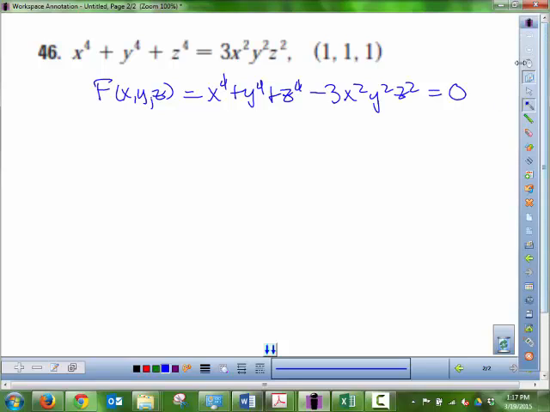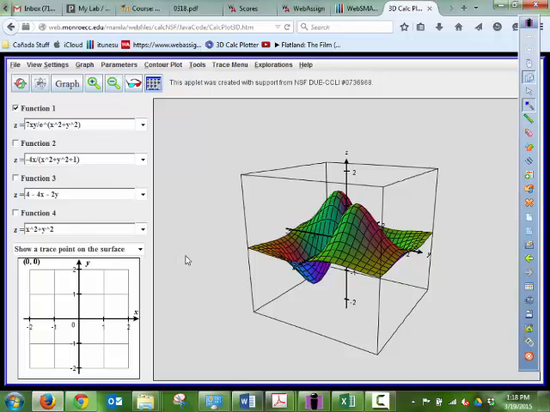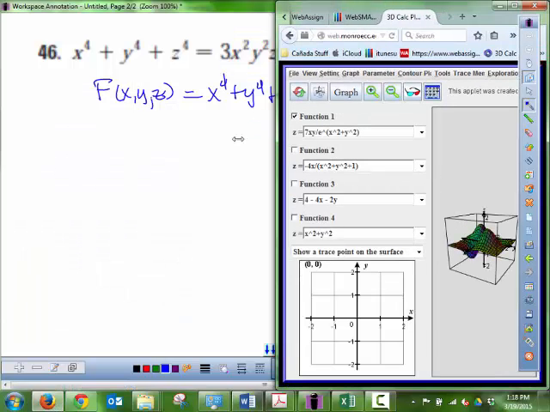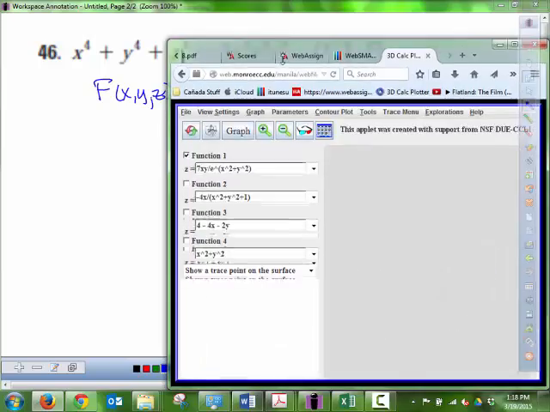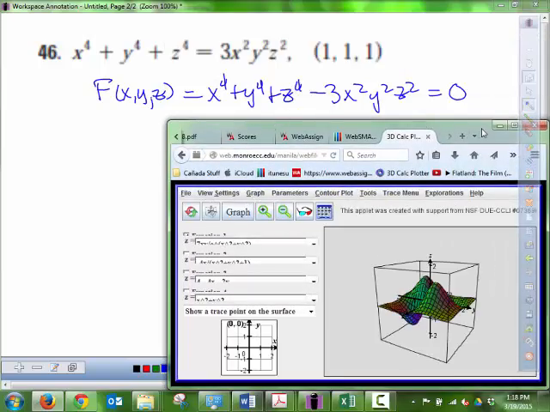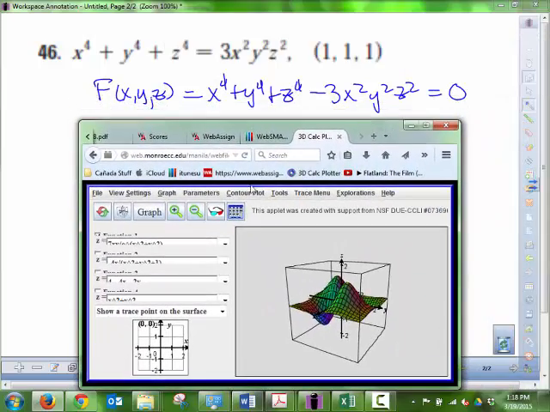So, let's pull out the graphing calculator or the graphing program. And for this, this is an implicit relationship between x, y, and z, so I can't use one of these z is equal to functions.